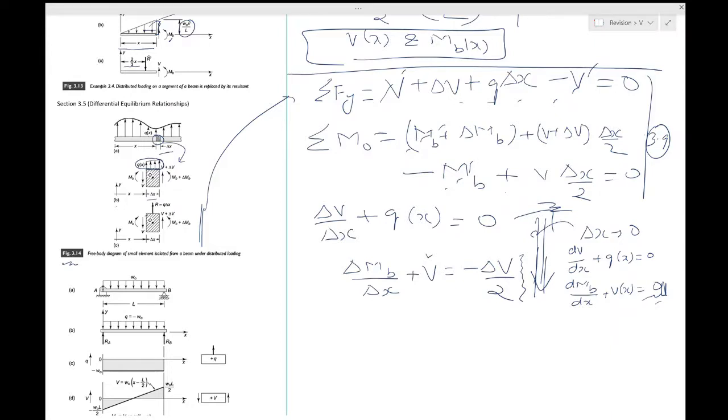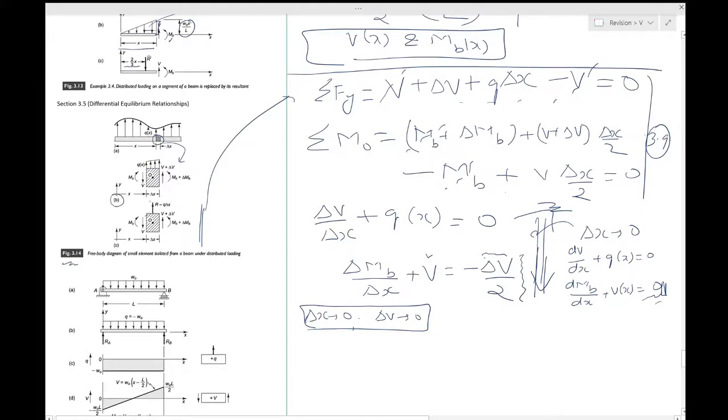It's obvious in the sense that when delta x tends to 0, delta V will also tend to 0, and that limit has been applied on this side. So that's what we mean by this, and the reason for all this is this continuous distribution which we have. So it's quite straightforward over here. Even physically you can try to argue. Look at this B diagram over here.